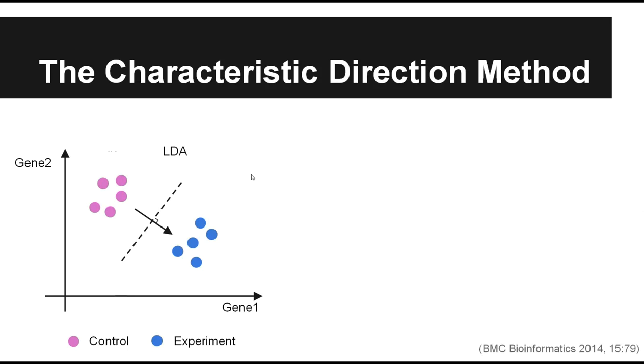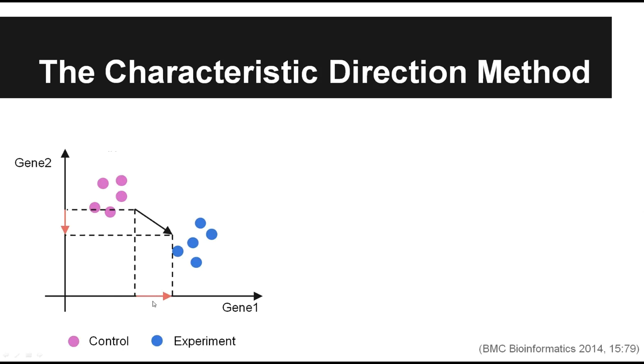Mathematically, it will be a unit vector of 2 components. Each component maps to each gene. These 2 red arrows are the projections of this direction on the 2 axes, corresponding to the 2 components in the vector.